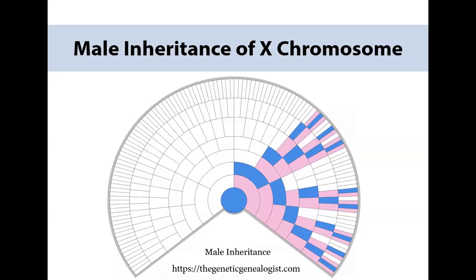Up at the top, you have a blue piece and a pink piece, so an X coming from the father and an X from the mother, and it keeps going out. This shows all the different possibilities within a fan chart of ancestors that may have contributed that X chromosome. For males it's a little easier, because you can look at this part of the pattern and see a limited number of ancestors.